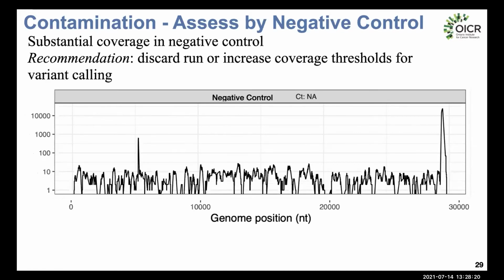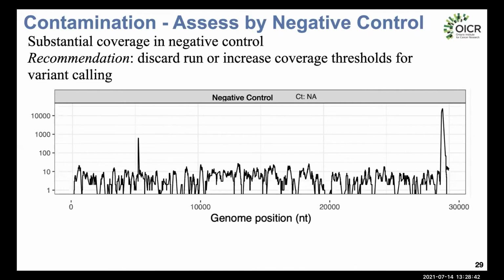Here is a different type of contamination. Unlike the previous one where we had contaminating amplicons, here we see low-level coverage across a wide range of the coronavirus reference genome. The coverage is fluctuating between about 5 and 10x, but it's widespread across the entire background of the reference sequence.